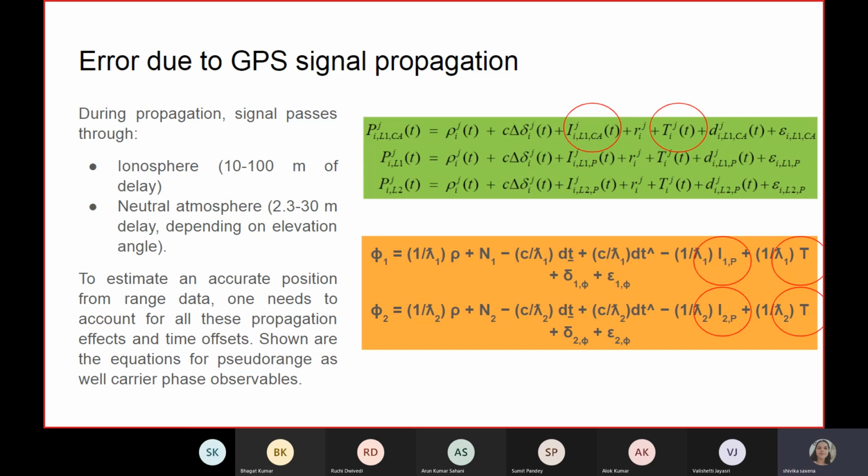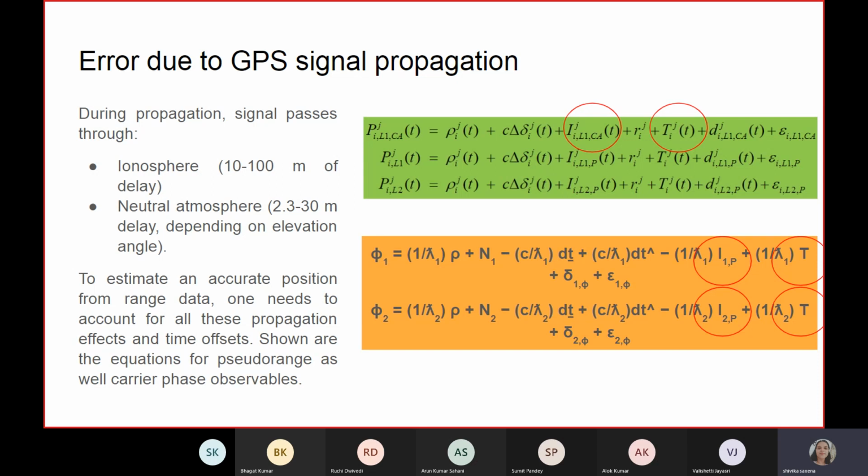And what is pseudo range? This geometric range, denoted by this rho symbol as you can see in this equation, plus various delays or various errors that are happening at different places. We are adding to it so that the signal is delayed by some time. What do we mean by signal delay? We mean that the signal is received at the station after some more time than it should have been received.